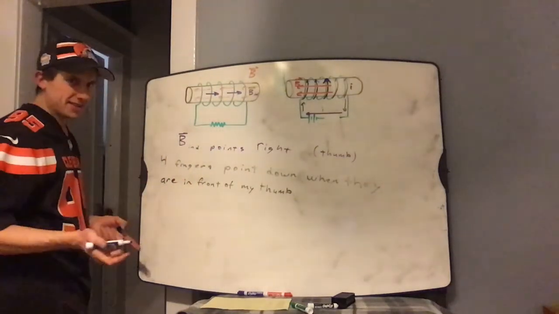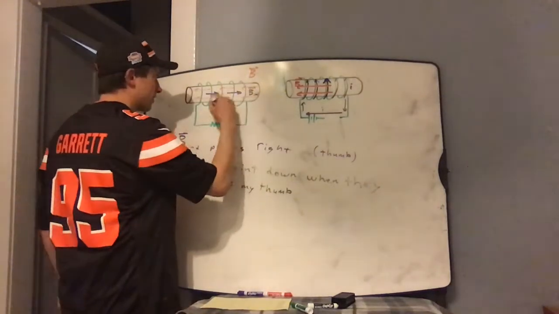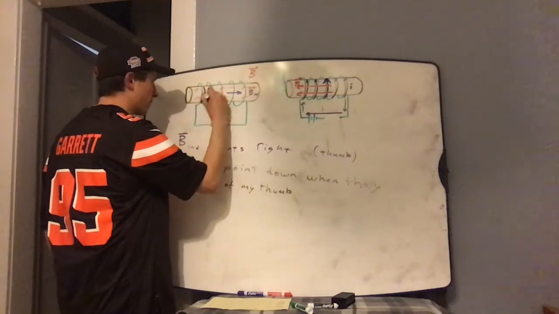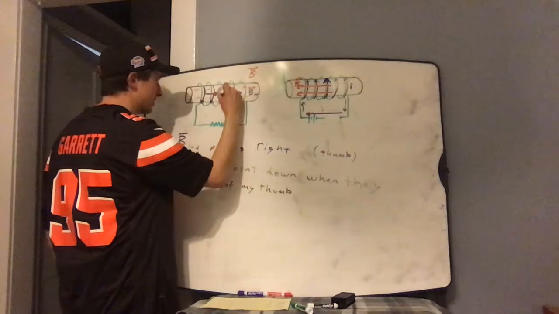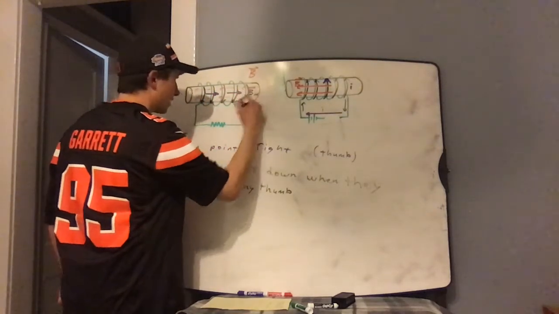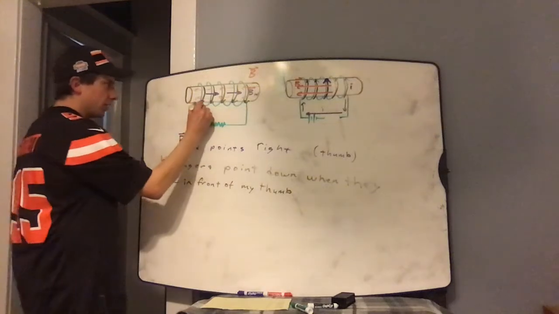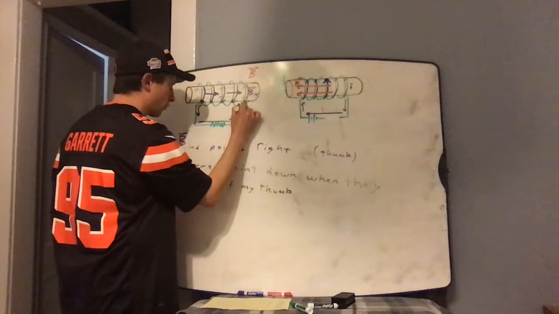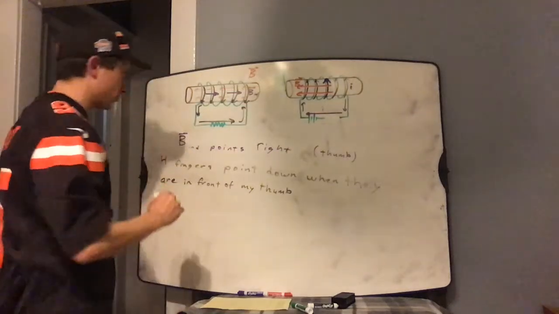So in this case, the current flowing through these wires wrapped around the cylinder is going to be down in front of the cylinder. And if I follow through, the current will flow like this, and I find that the current flows to the right through the resistor.